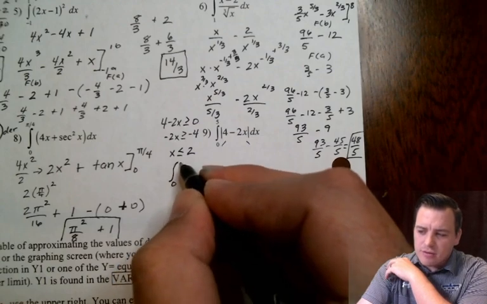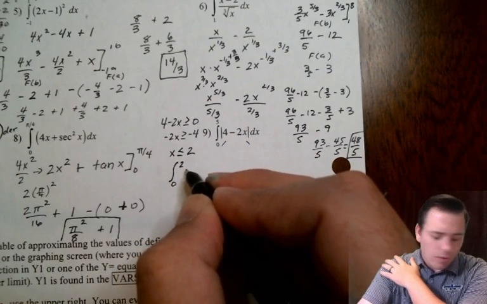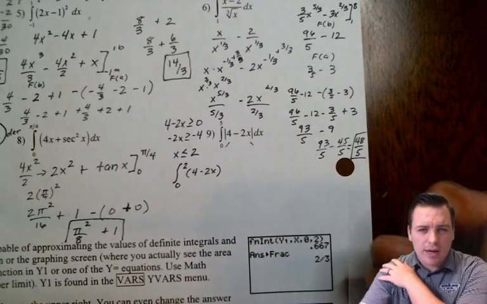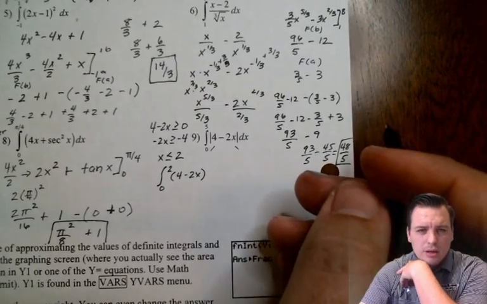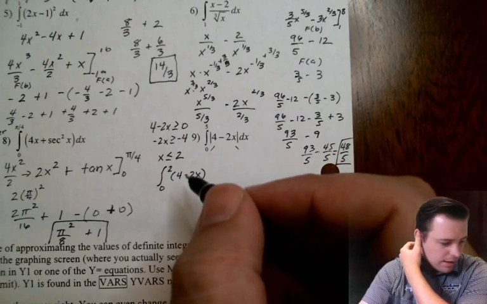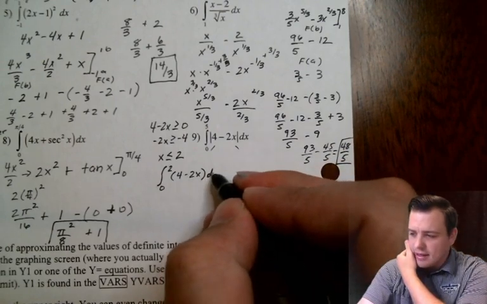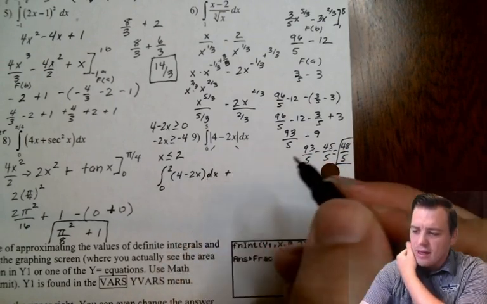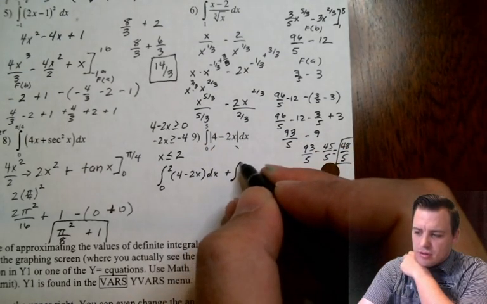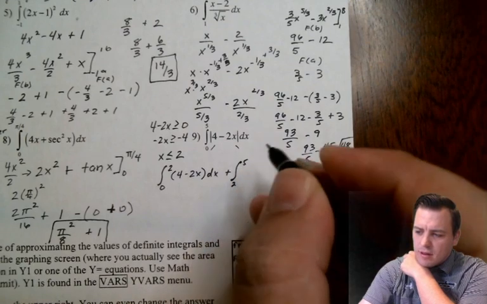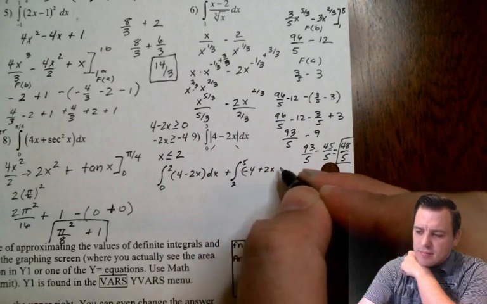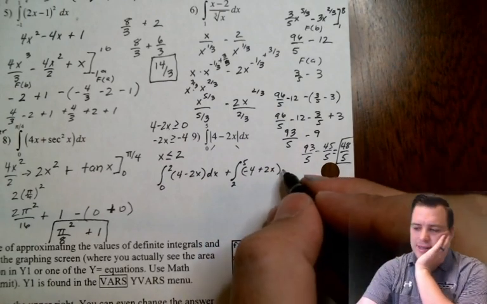The definite integral from 0 to 2 will be 4 minus 2x dx, and I don't have to put absolute value because I'm breaking it down. And then just add that with the opposite of this. So from 2 to 5, it will be negative 4 plus 2x dx.